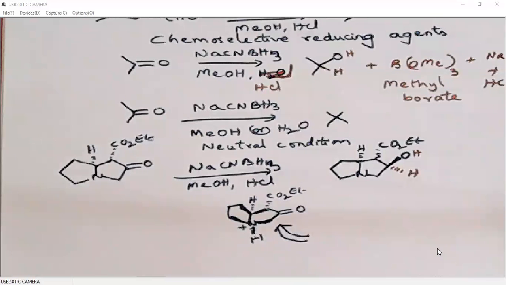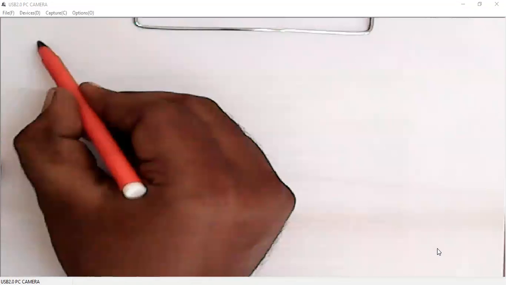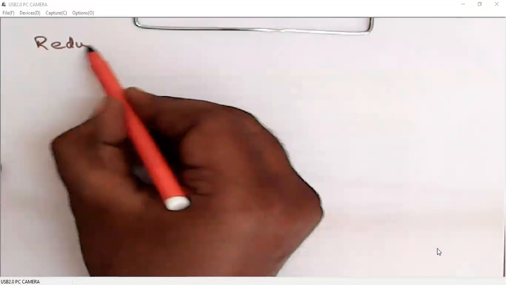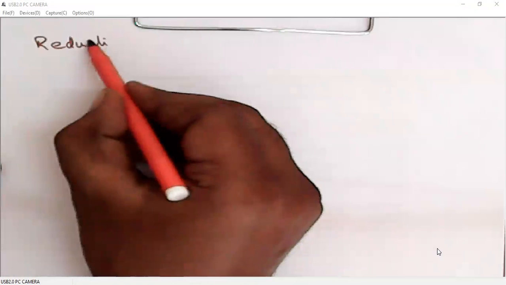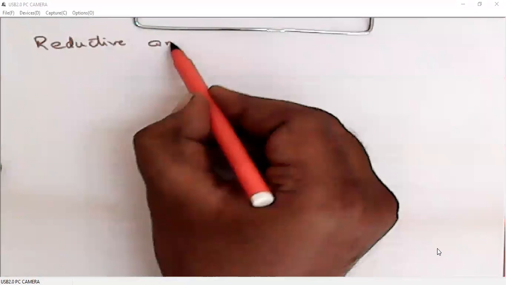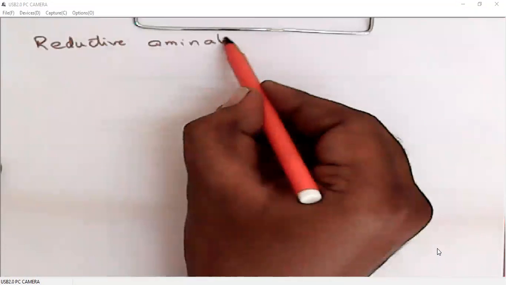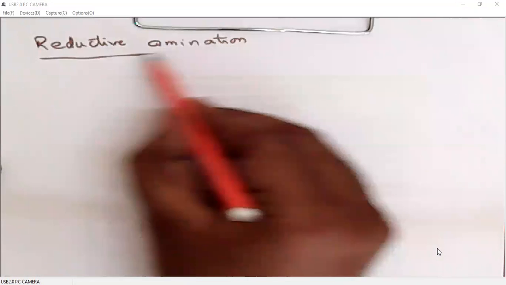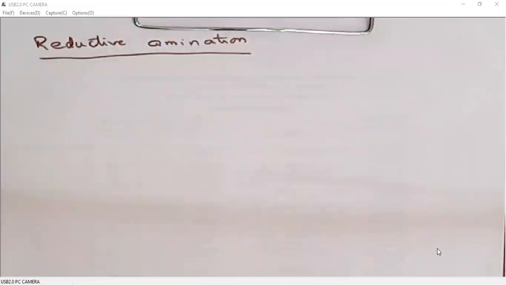I'm changing this page. Next we will see reductive amination. Reductive amination means formation of amine by reducing the carbonyl.